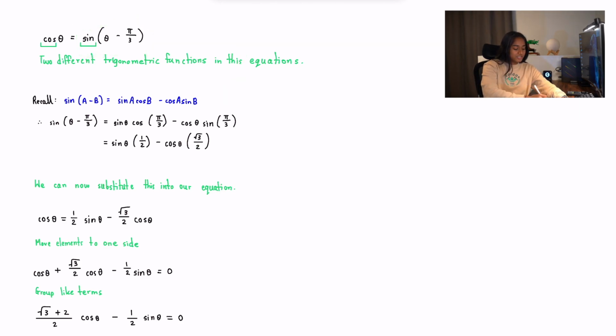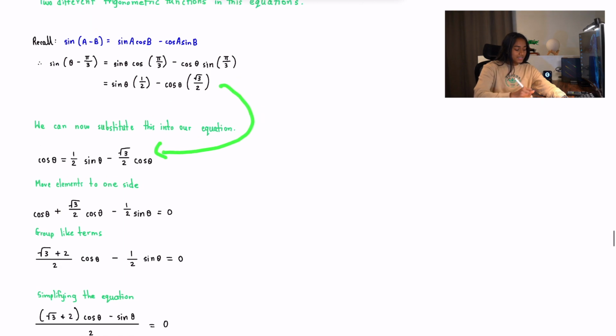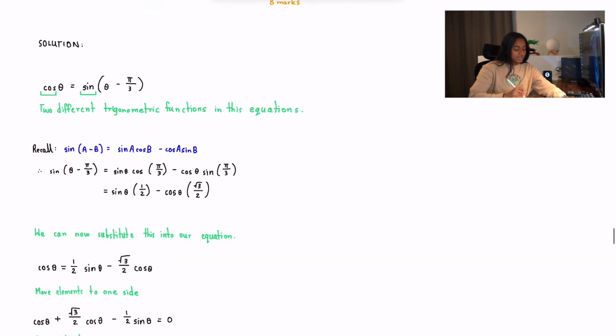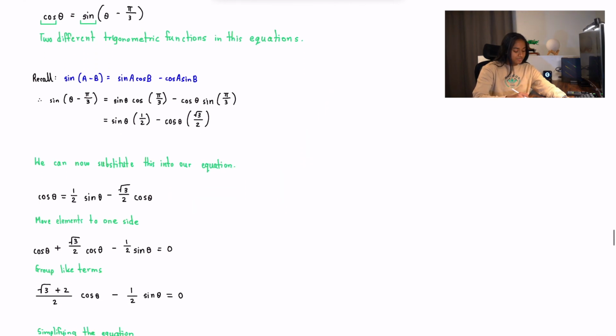So we put it in terms of this, where A would be theta, and B would be pi/3, and we can simplify it to sine theta times a half minus cos theta times the square root of 3 over 2. So we can now substitute it into our equation, right? So before we had cos theta equal to this, and it is the same thing as this, just in different terms, okay?